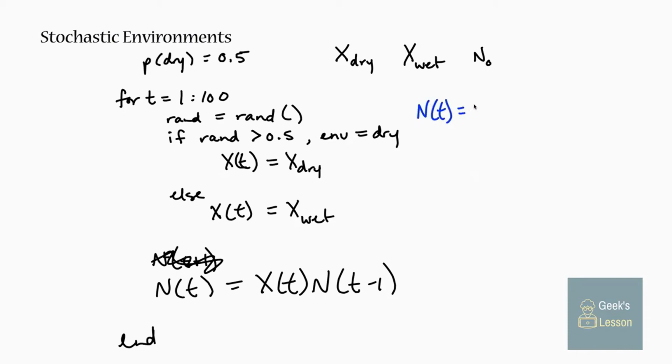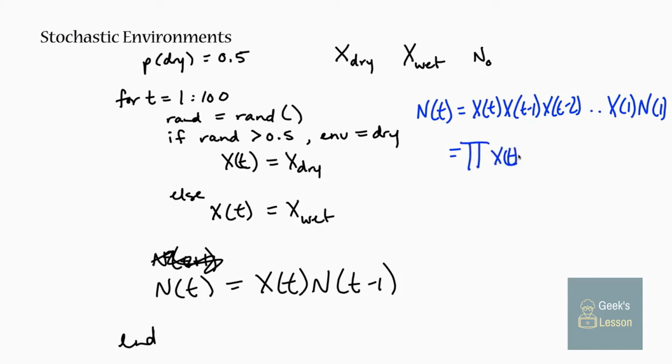It's going to be the product of x at t times x at t minus 1 times x at t minus 2 all the way back to x at time 1, all times n at time 1, which is what I meant before when I said it's just the product of all the environments times the original population.